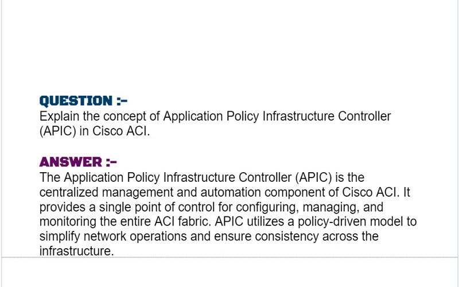It provides a single point of control for configuring, managing, and monitoring the entire ACI fabric. APIC utilizes a policy driven model to simplify network operations and ensure consistency across the infrastructure.